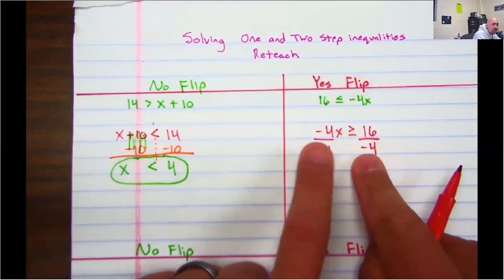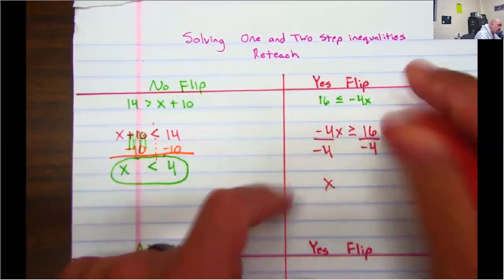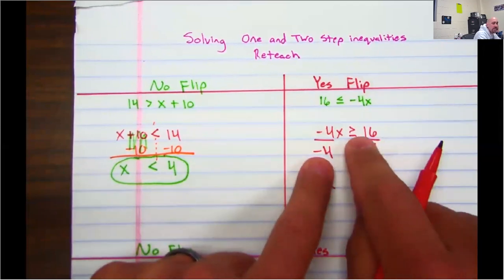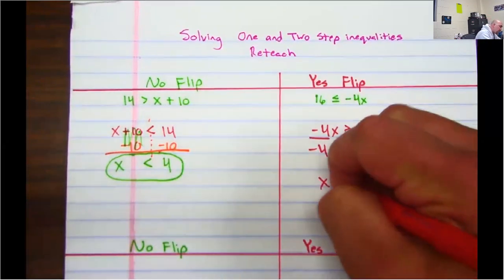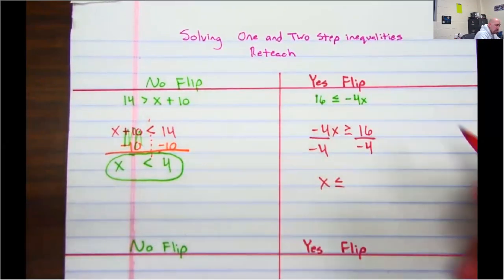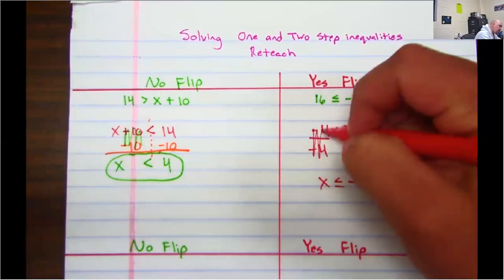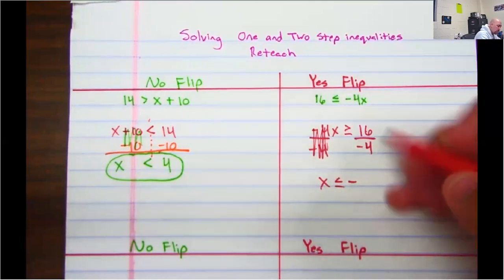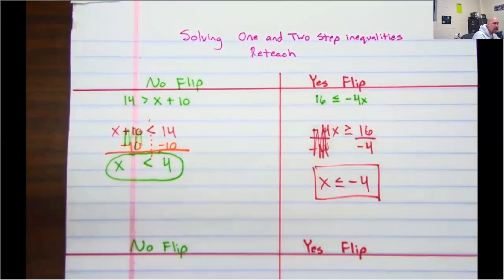Notice how I'm dividing both sides by a negative. Since I'm dividing both sides by a negative, this sign is going to flip in the opposite direction. Positive divided by a negative is a negative. 16 divided by 4 is 4. Bada bing, bada boom, you're done.